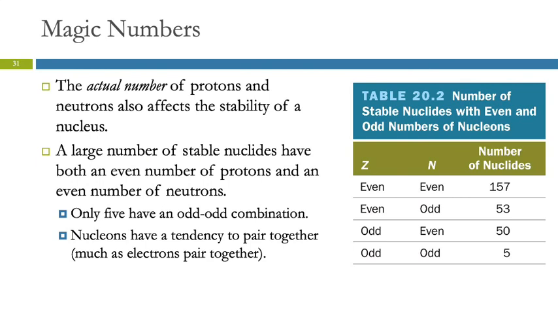There are also what are called magic numbers. So it's not just the ratio, it's also the actual number of protons and neutrons that affects the nucleus. And this is just people observing patterns. So there's a large number of stable nuclides that have an even number of protons and an even number of neutrons. There are only 5 stable ones that have odd protons, odd neutrons.